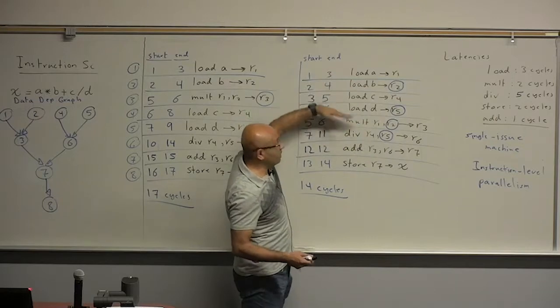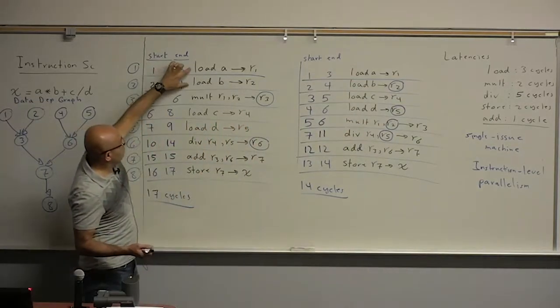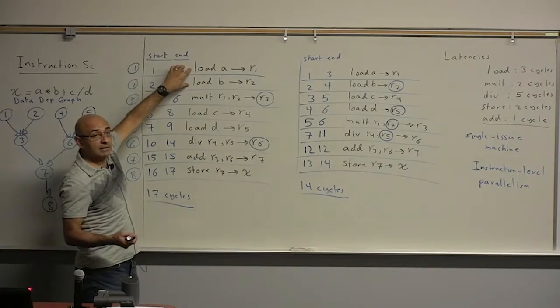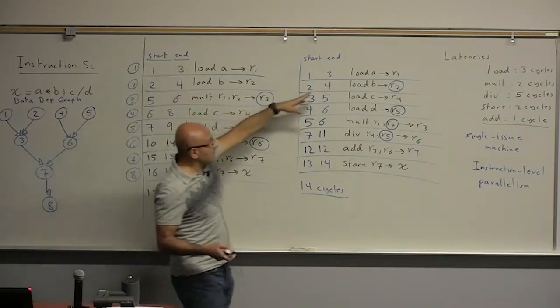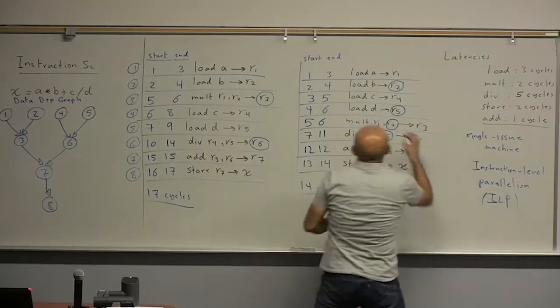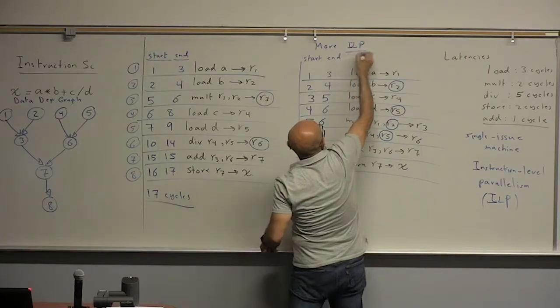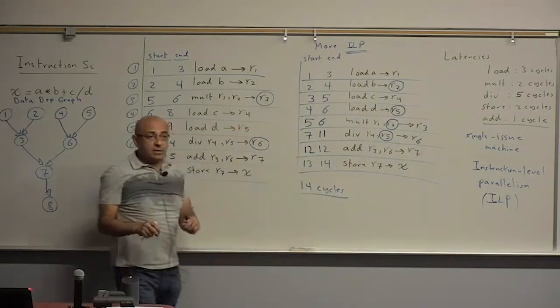Okay? They're all in the machine, and they're executing in parallel. Here, we are only doing 2 loads in parallel. So in this case, this has more ILP. More instructions executing in parallel.